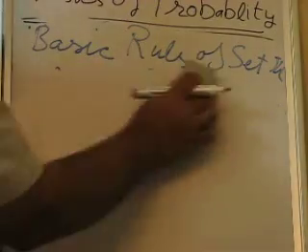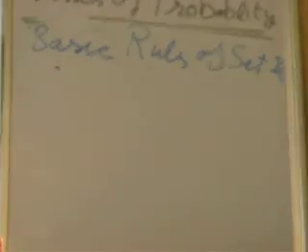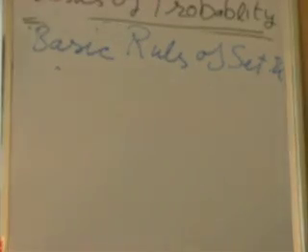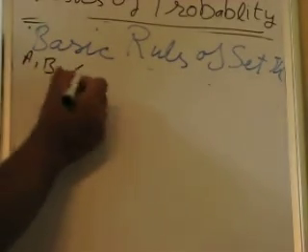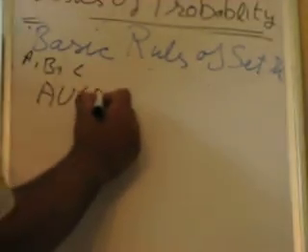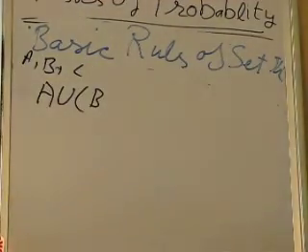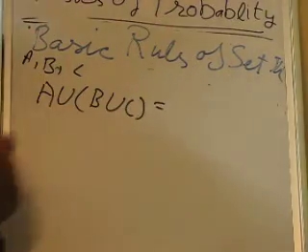The other law is the distributive law. How is it defined? In this law you consider three sets A, B, C. Now A union B union C is equal to what?